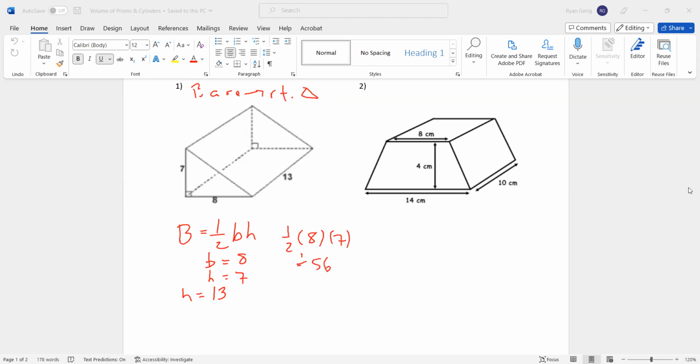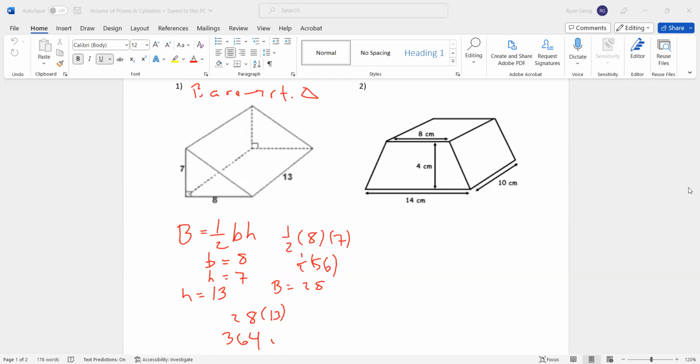Half of that is 28. So big B is 28. So then I just do 28 times 13 to get the volume of this prism. Doing that, I get 364.